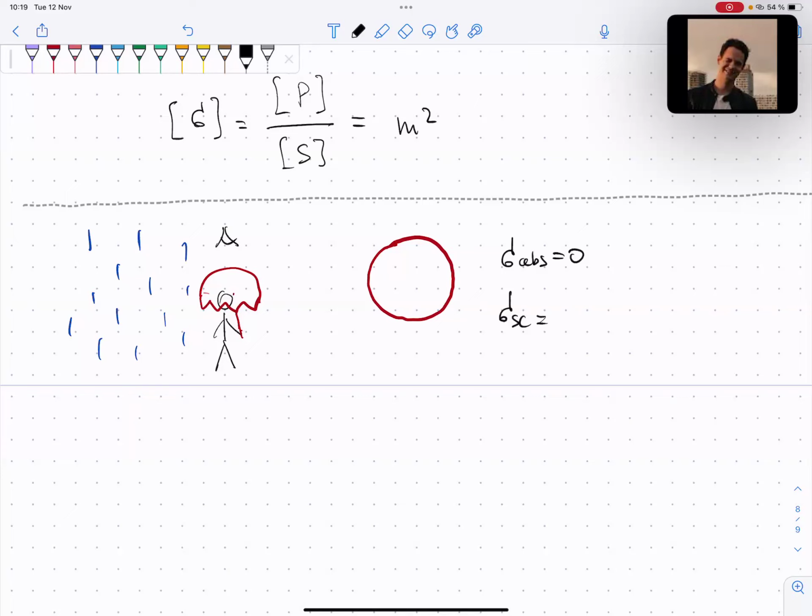This is basically going to give us the fraction of particles scattered by this umbrella out of all particles. Sorry, I can't find the correct expression in my notes. Just give me a second.